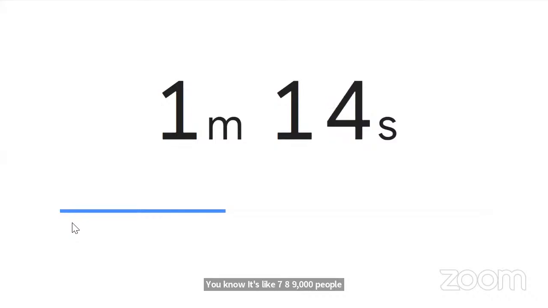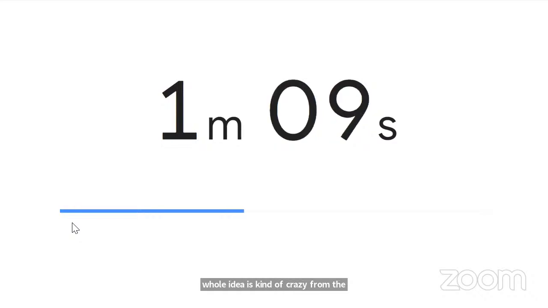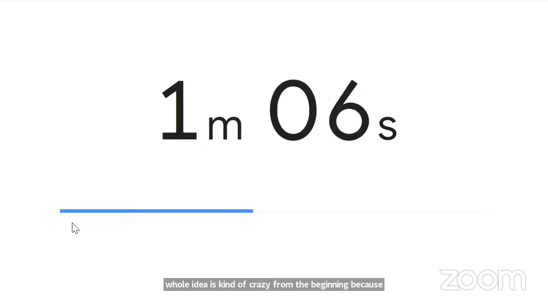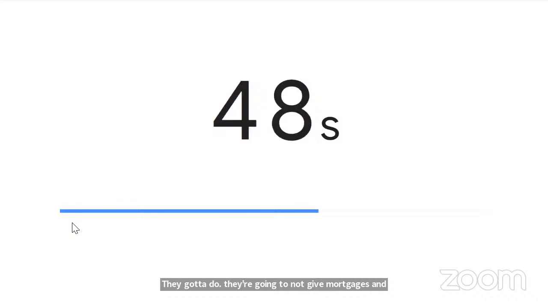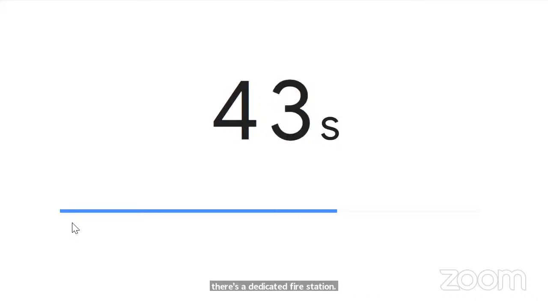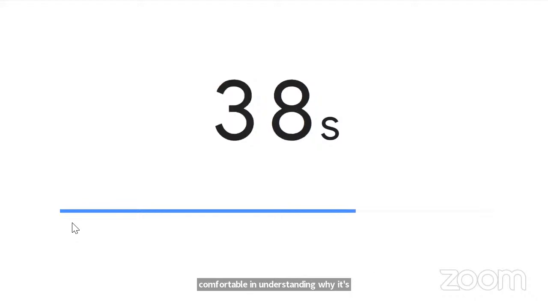So this whole idea is kind of crazy from the beginning because of the highly unusual demand for a dedicated police and fire station. But that's what the property insurance company believes because of the fire risk. And the mortgage companies will do whatever the property insurance people say they've got to do. They're not going to give mortgages and they're not going to give property insurance unless there's a dedicated fire station. So I think that should make you feel comfortable in understanding why it's probably not a benefit for the general fund.